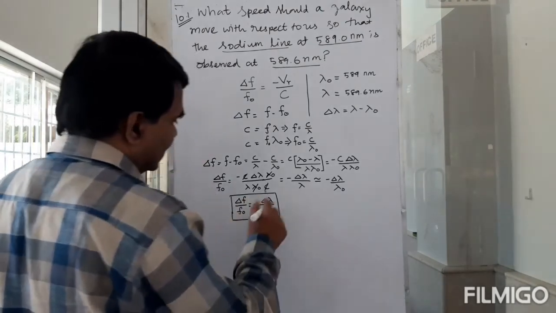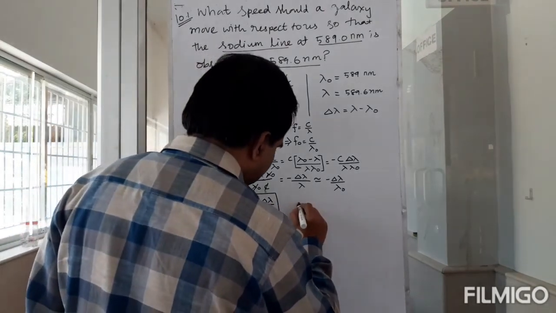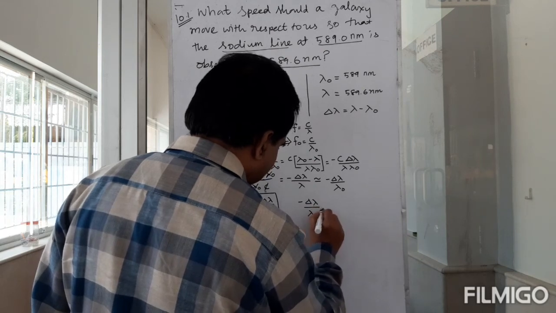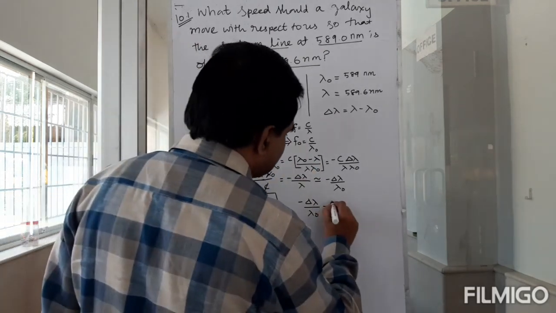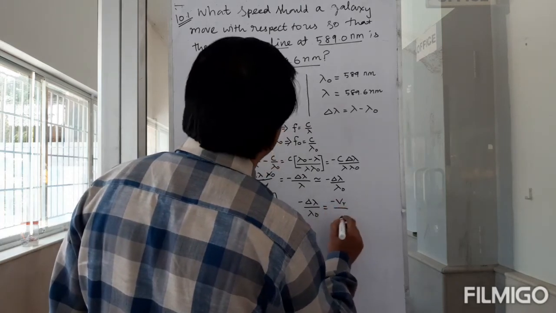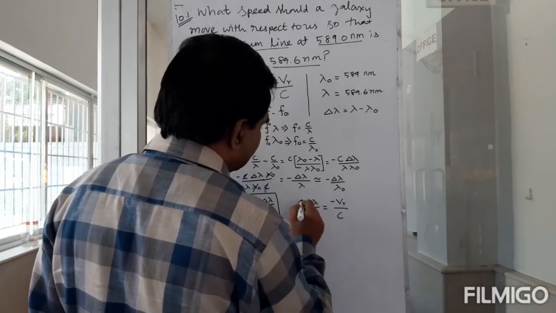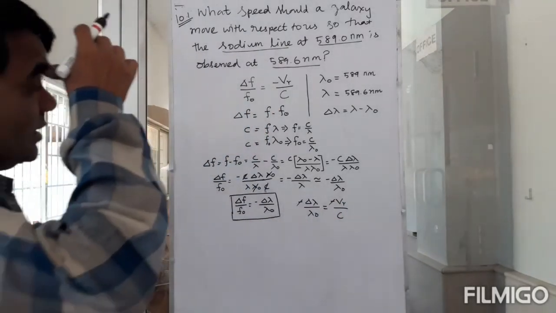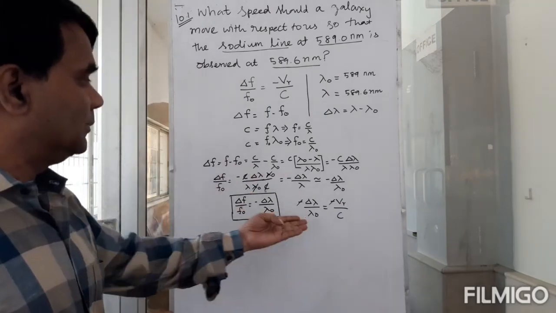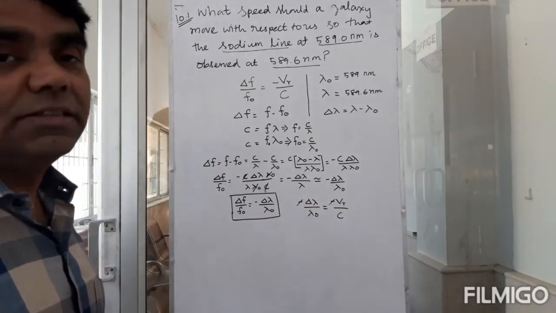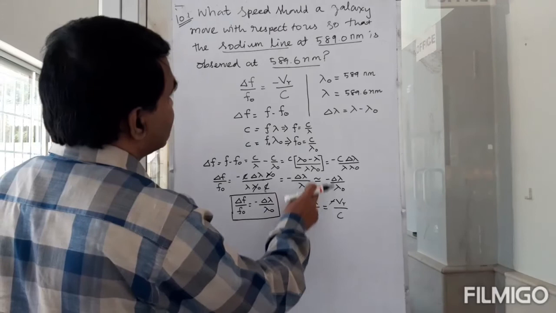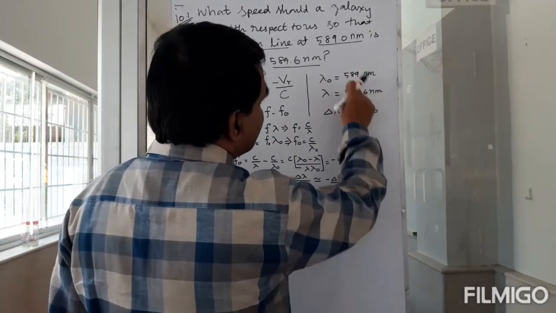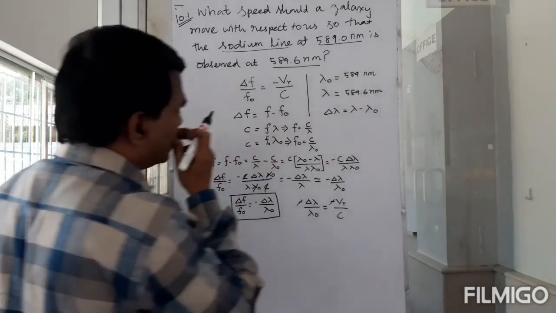So minus delta lambda by lambda naught is equal to minus VR by C. So this and this will cancel. Delta lambda by lambda naught must be equal to VR by C. So what is delta lambda? Delta lambda is 589.6 minus 589, so that will be 0.6 nanometers.